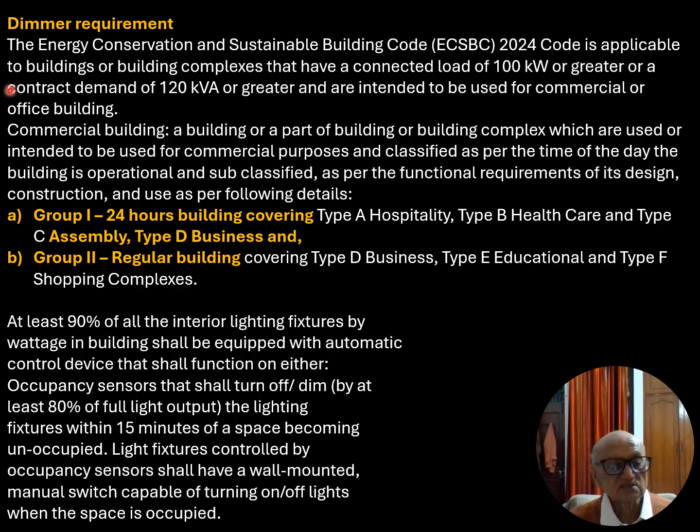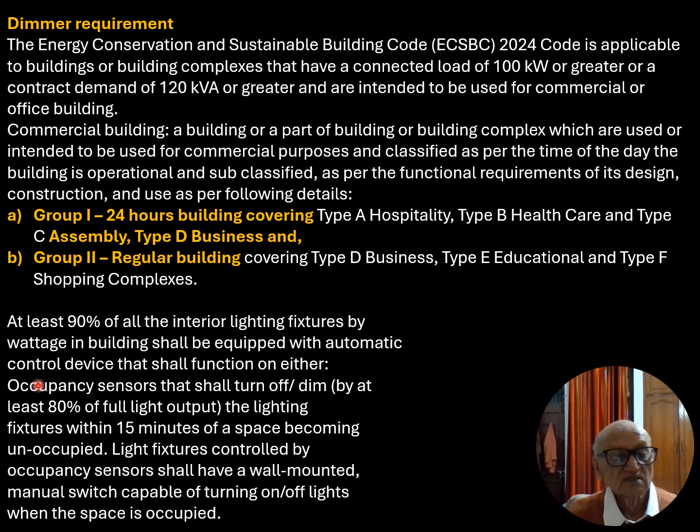The rule says that at least 90% of all interior lighting fixtures by wattage in a building shall be equipped with an automatic control device that shall function on occupancy sensor. Occupancy sensors are the sensors which are provided, and they have a jurisdiction of about 70 square meter round area.